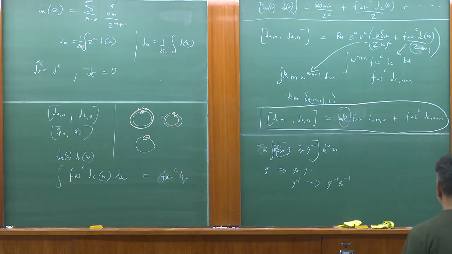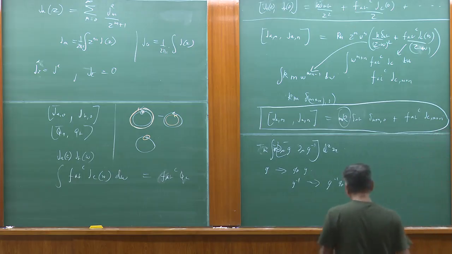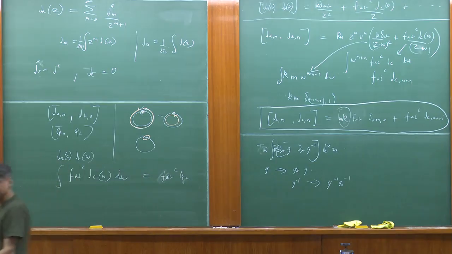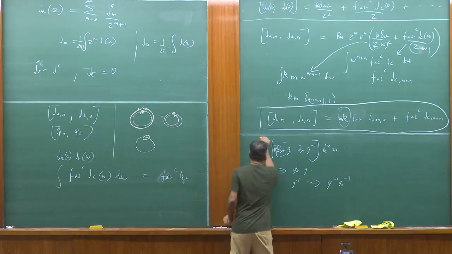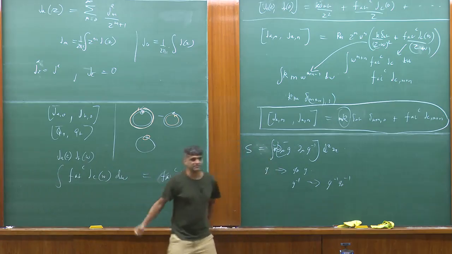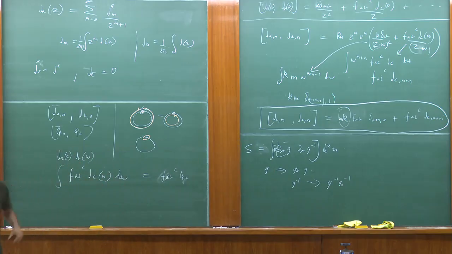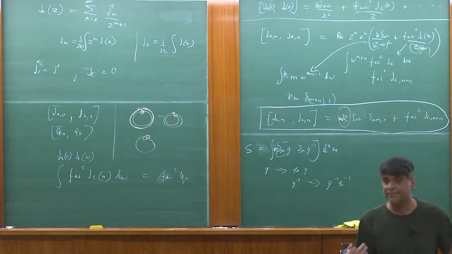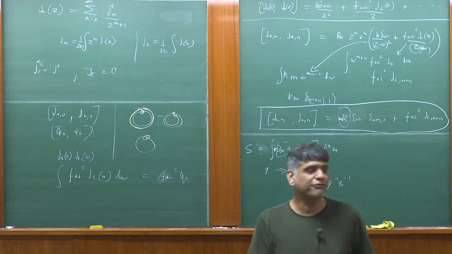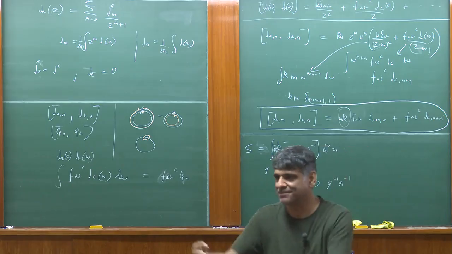But now you can ask, is this theory a conformal field theory? Does this action define a conformal field theory? You see, now this is the first time in our class in which we are looking at non-free theories from the point of view of an action.